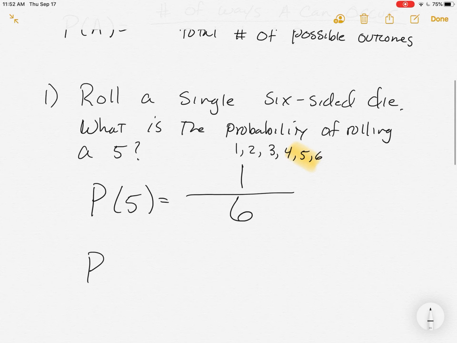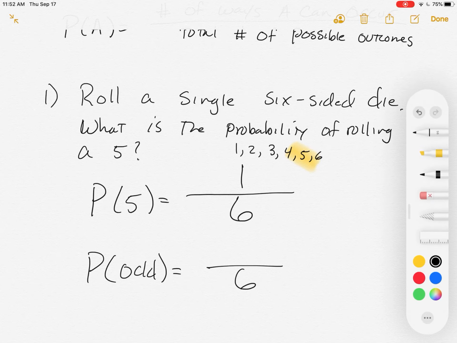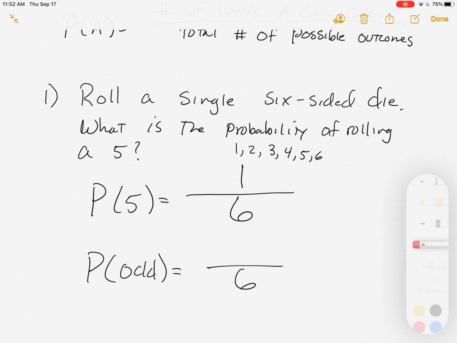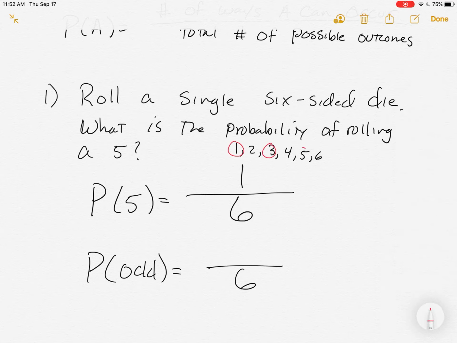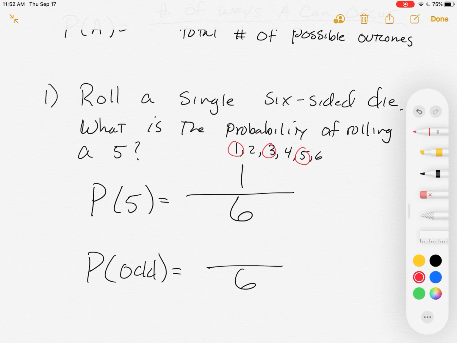What if we ask this? What's the probability that you roll an odd number? Okay, what if our question changes? Well, we still have 6 outcomes. And which ones are odd? Let's go find them. The ones that are odd, and we'll circle them in red, are 1, 3, and 5. So 3 out of the 6 are red.